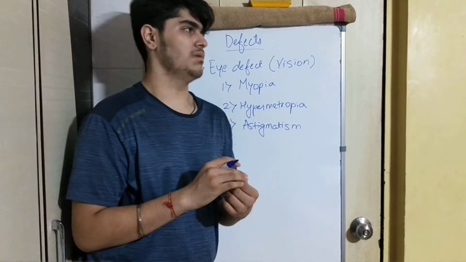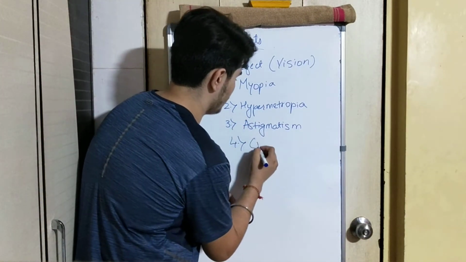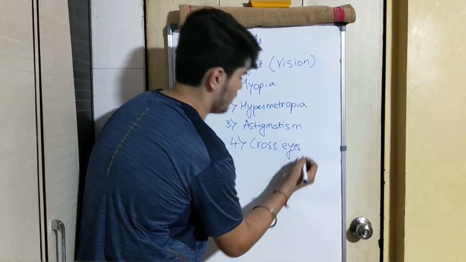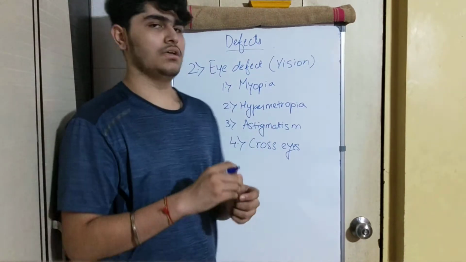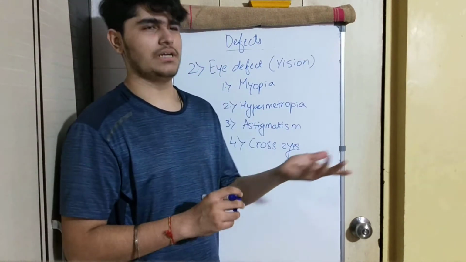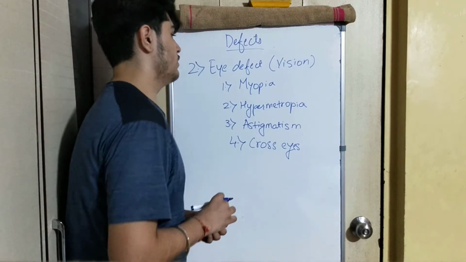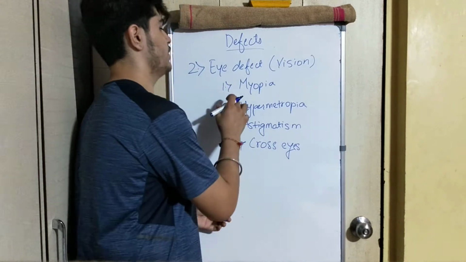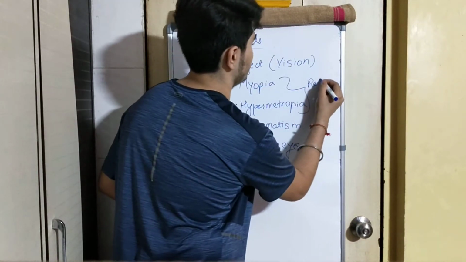There are much more, even cross eyes, that is, the eyes are crossed inwards or outwards. That is a birth defect, not a defect that comes after a long time of living. But when you get specs, these two are related to your retina.